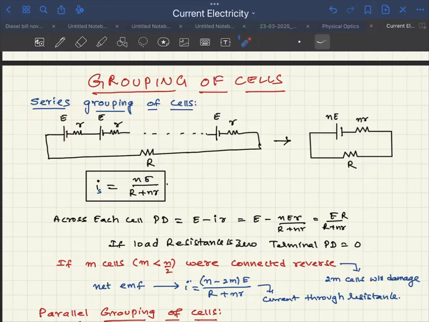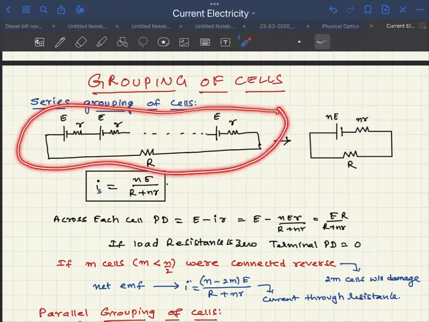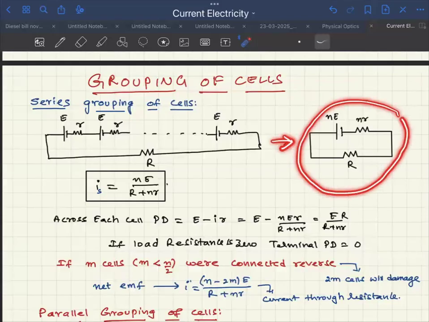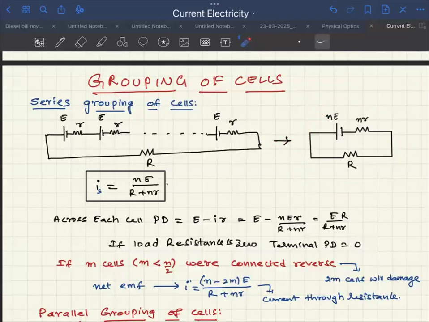Yes or no? Because the same current passes through all these resistors, they are all in series: r1 plus r2 plus r3 plus r4, and all are small r only. So it is nr. Here, instead of writing this lengthy circuit, I have trimmed it to a simple circuit like this. Right.